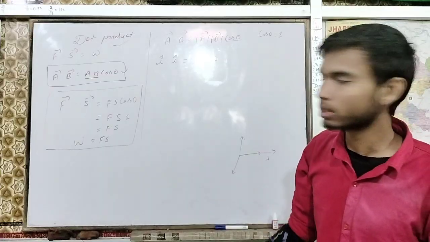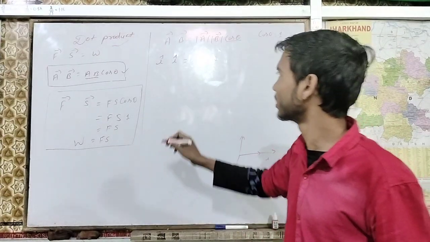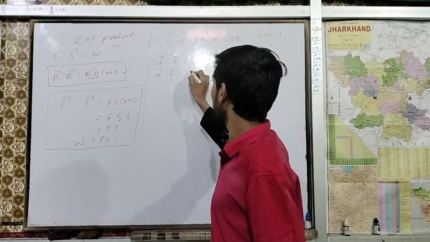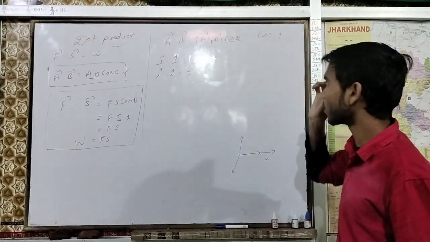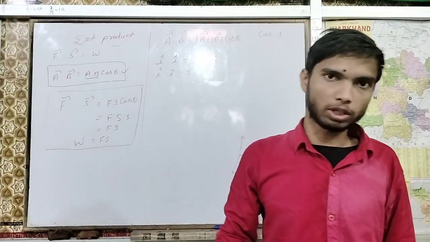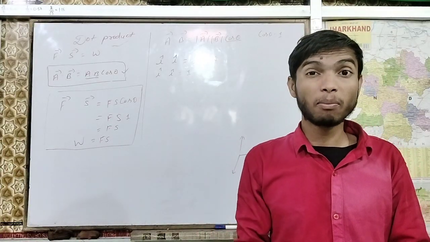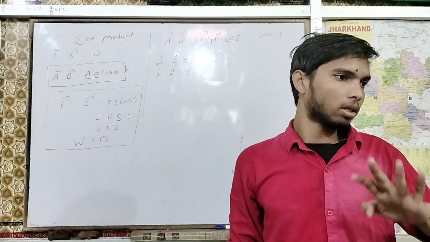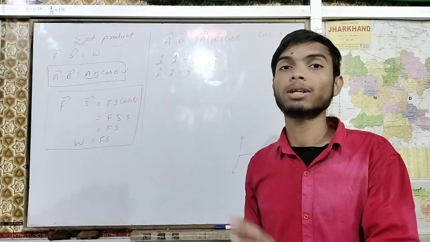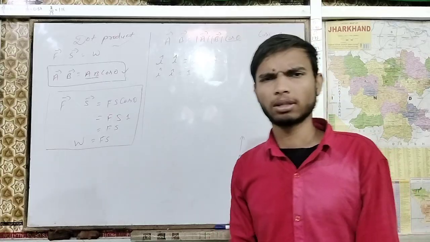So i cap dot i cap is equal to 1. Same components multiplied in a dot product will be 1.